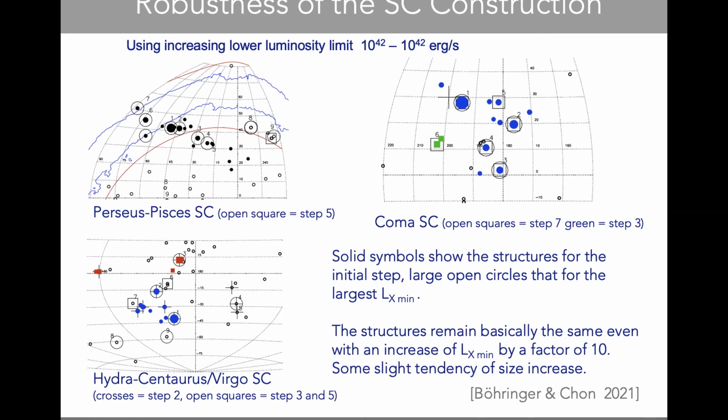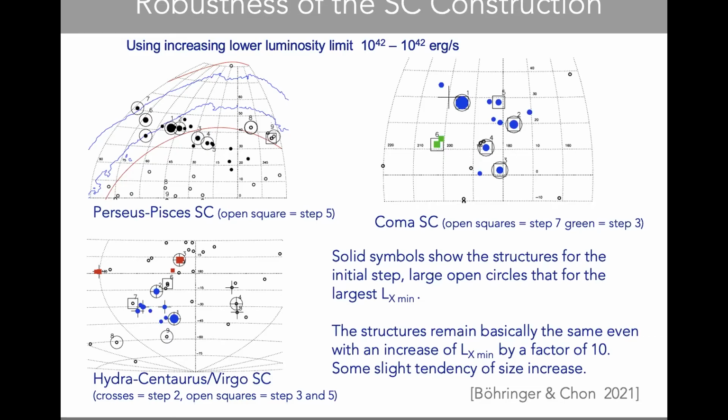I have to take a larger linking length to get the same overdensity of structures. And we varied that by a factor of 10. We went from the lowest X-ray luminosity, like 10 to the 42, to 10 to the 44, in 7 steps. And we looked at how much of the structure is retained.